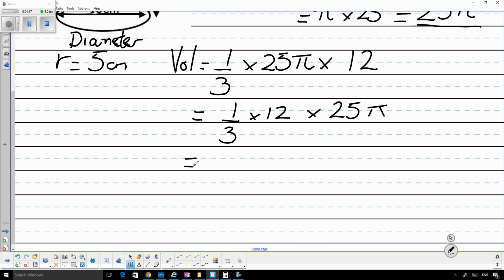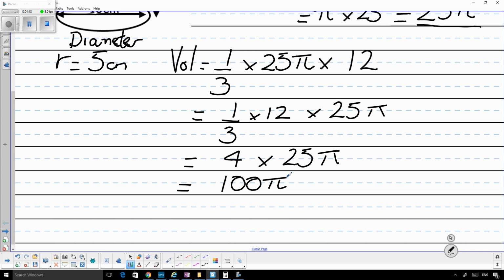Basically, I take 12, then divide it by 3, which gives me the answer of 4. I've now got to do the 25 pi on the end. And that's now looking really nice and useful for me. 4 times 25 pi, I know that 4 times 25 is 100. 100 pi.